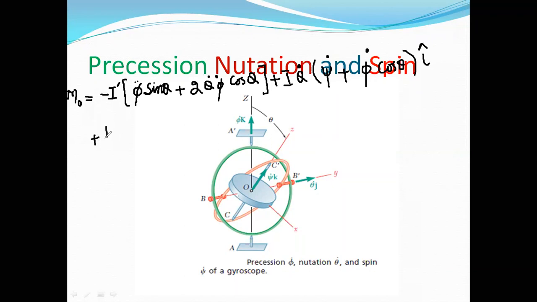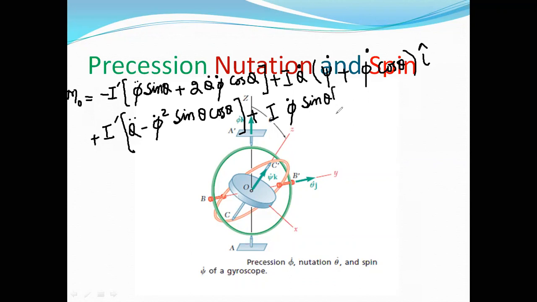plus I prime theta double dot minus psi dot square sin theta cos theta, plus I phi dot sin theta multiplied by phi dot plus psi dot cos theta along j cap.